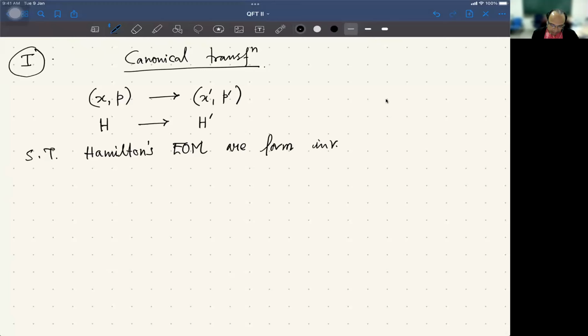That means that x dot, which is given by del h del p, and p dot.